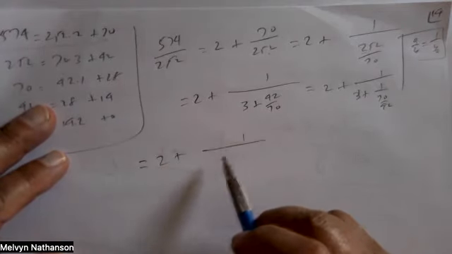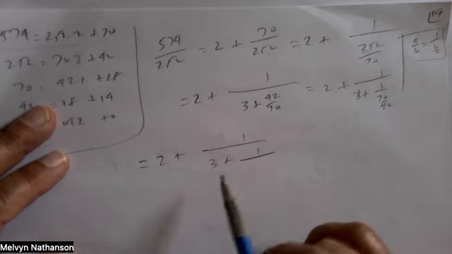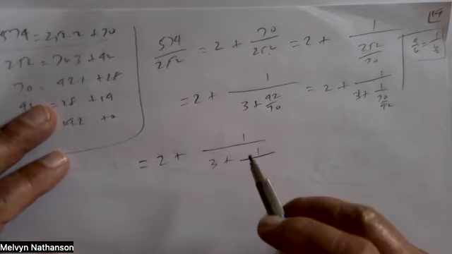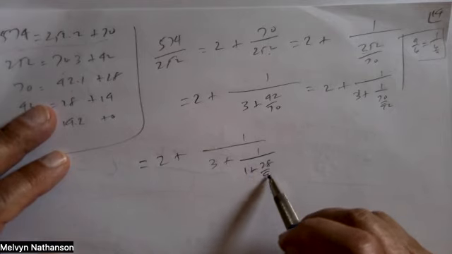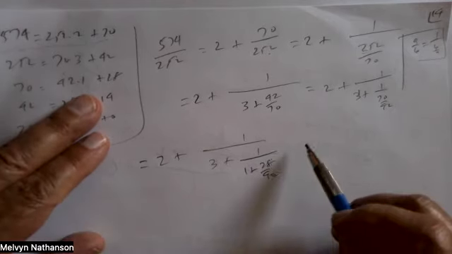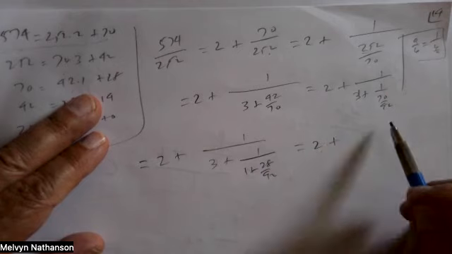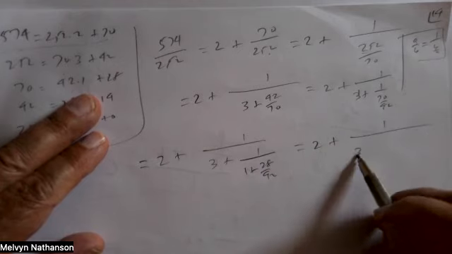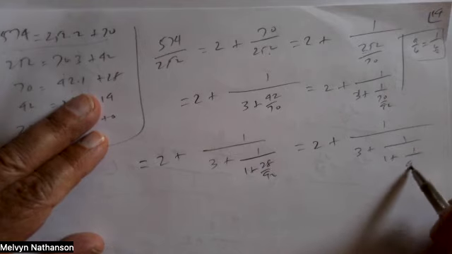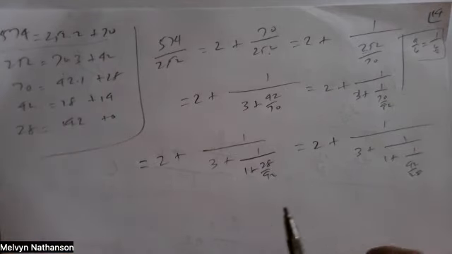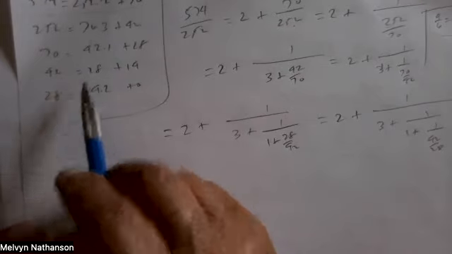This is 2 plus 1 over 3 plus 1 over, 70 over 42 is 1 plus 28 over 42. This is 2 plus 1 over 3 plus 1 over 1 plus 1 over 42 over 28.